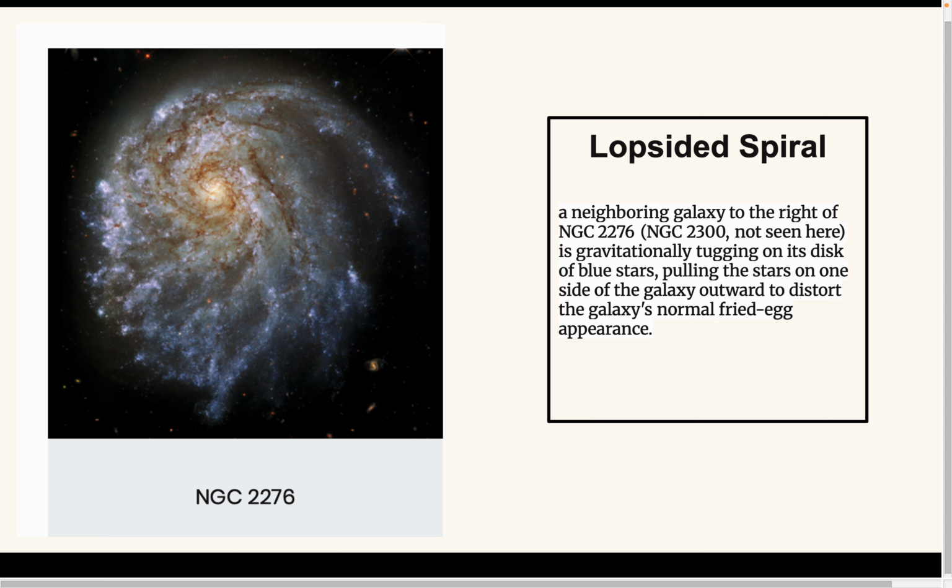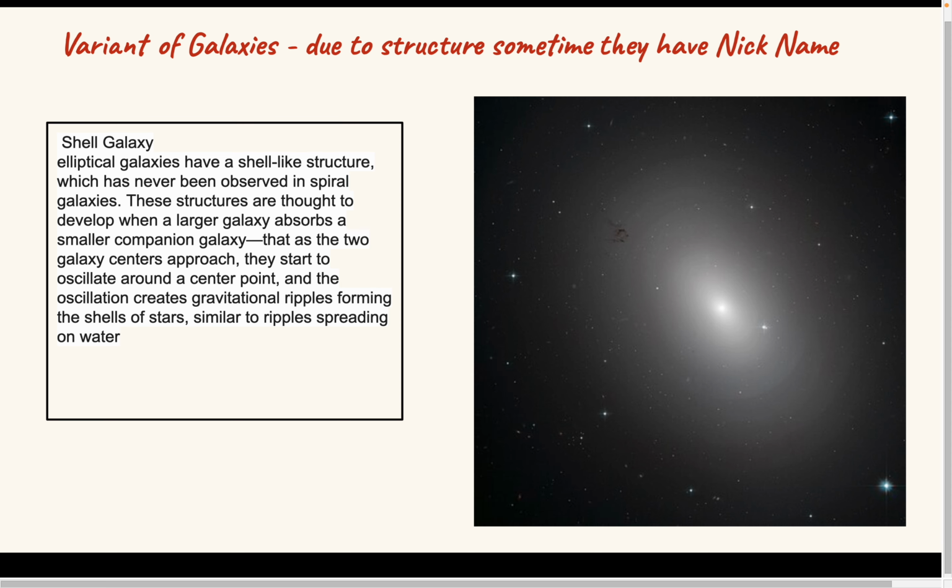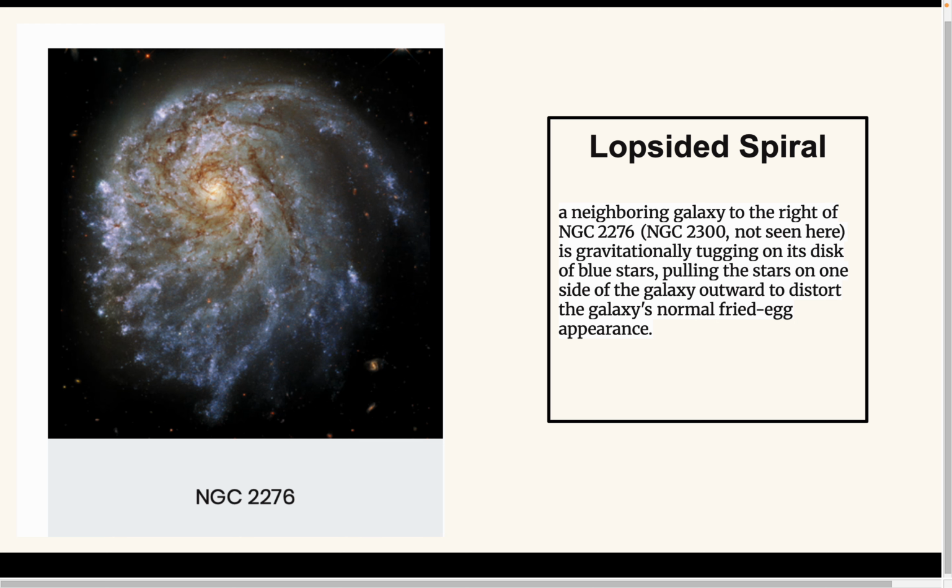The next type of galaxy is the lopsided spiral. Here, the neighboring galaxy is gravitationally tugging on its disk of blue stars, pulling the stars on one side of the galaxy outward and distorting the galaxy's normal appearance.